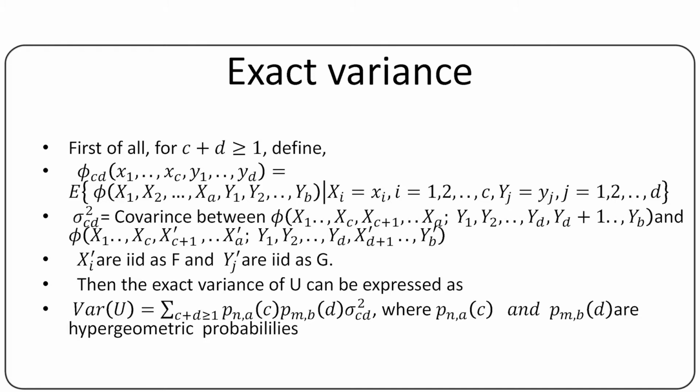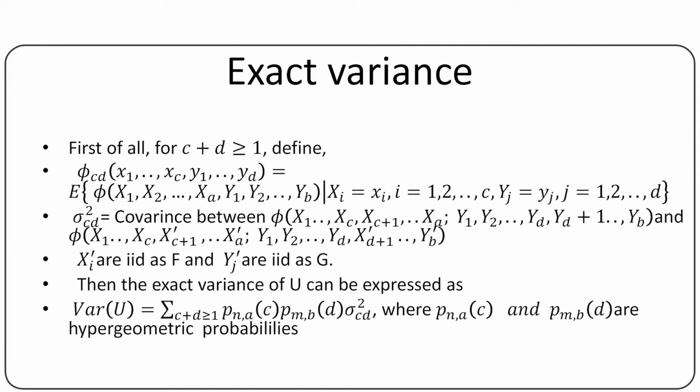How is the outline of the proof? Assume A1 and A2 above tend to infinity, then the square root of n times U minus theta is asymptotically normal 0 sigma square as specified earlier. We shall give the outline of the proof. Write Zn as the square root of n times U minus theta, as the square root of n by small m times the sum of phi 1 0 of x_i minus theta, plus the square root of n times the sum over j from 1 to n of phi 0 1 of y_j minus theta, plus a remainder.